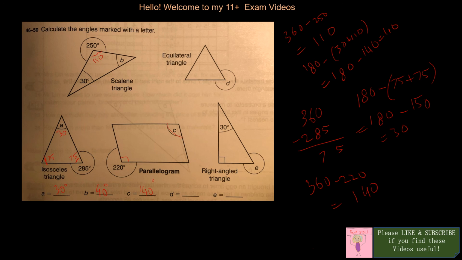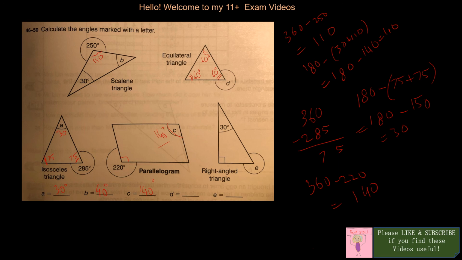So this is also going to be 140 degrees. Opposite angles in a parallelogram are equal. Okay. Then X is an equilateral triangle, meaning all three angles are equal and they are 60 degrees.